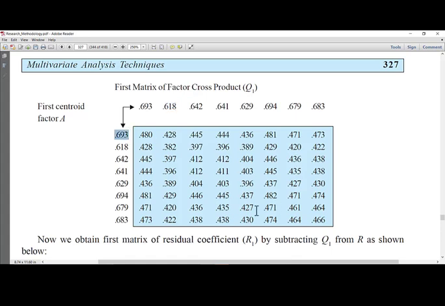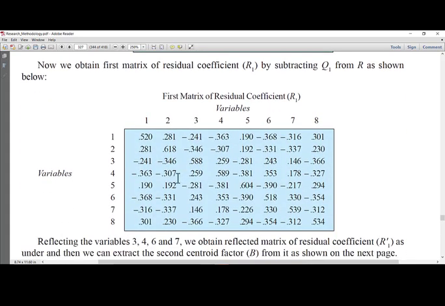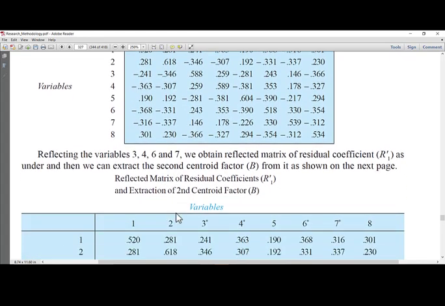Like that, this type of matrix is formed for Q1. Then Q1 is subtracted from the correlation matrix R to get the matrix of residual coefficients R1. After obtaining R1, we find out if any minus signs are there for the variables. If minus signs are there, we convert those into plus signs, and that is called the reflected matrix, R1 dash.